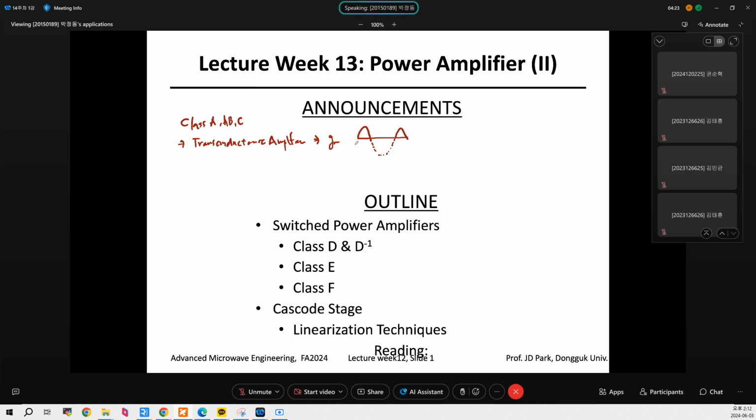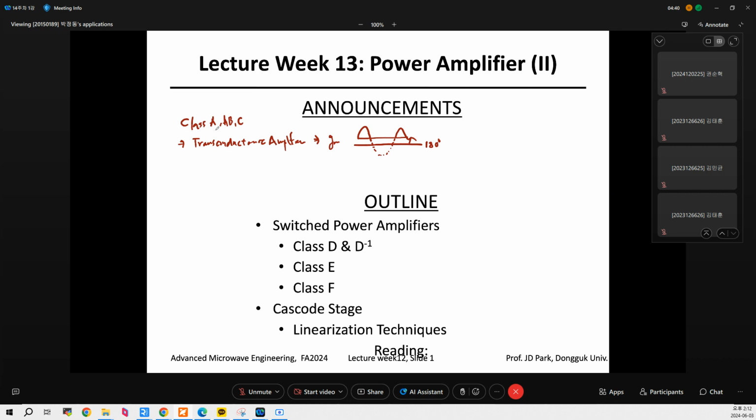conductance angle, right? So let's say this is 180 degrees, and if the reference is higher, then it is less than 180 degrees.